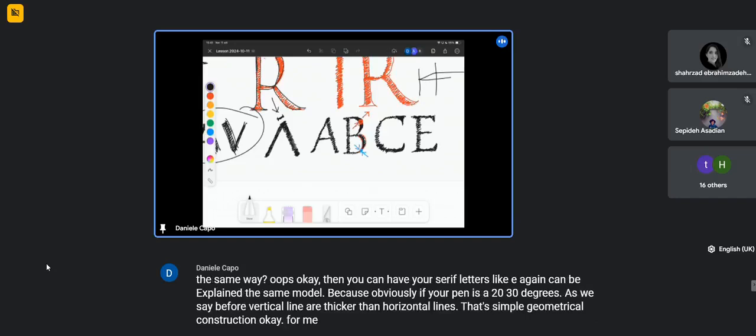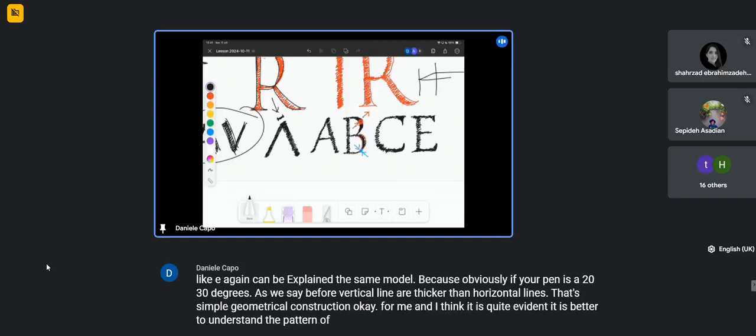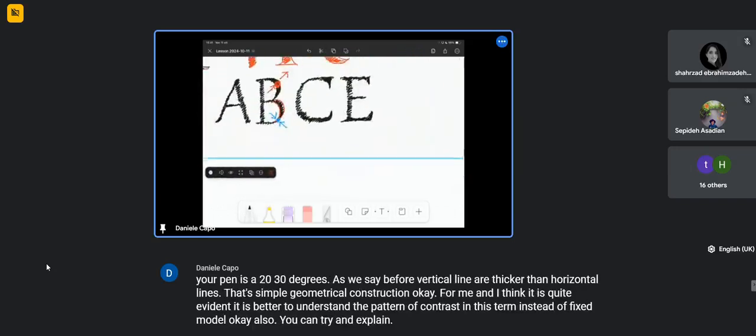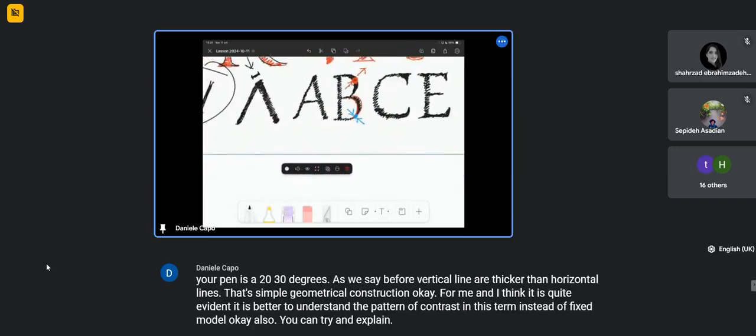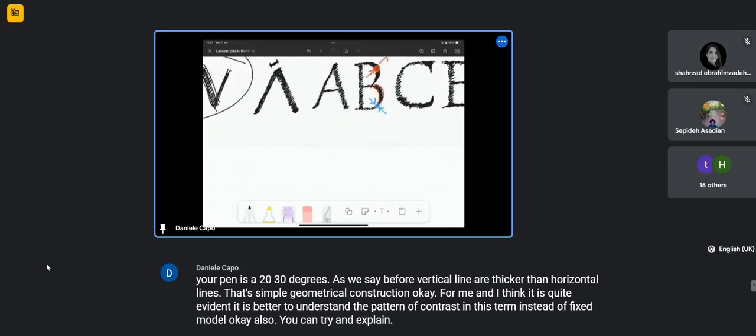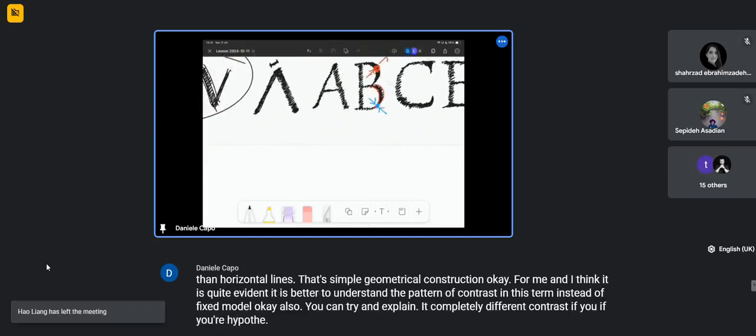Okay. For me, and I think it is quite evident, it is better to understand the pattern of contrast in this way instead of as a fixed model. Also, you can try and explain a completely different contrast if your hypothesis is a different writing angle.